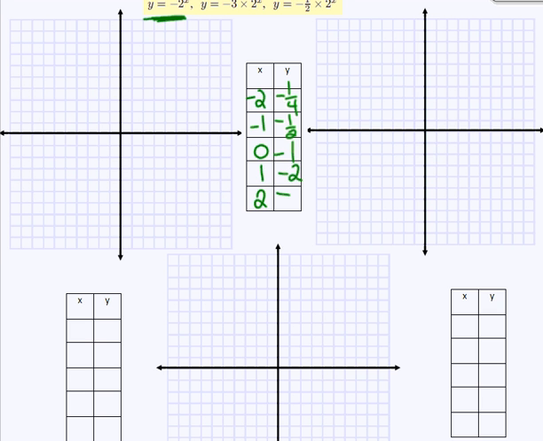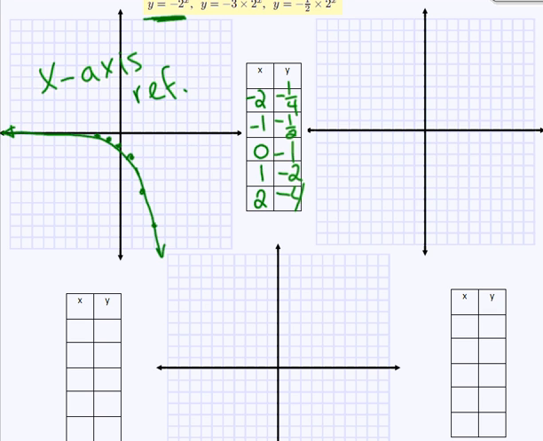So 4, and then make it negative. So we have negative 2, negative 1/4; negative 1, negative 1/2; 0, negative 1; 1, negative 2; and 2, negative 4. So kind of like that. Okay, so same graph, congruent anyhow to y equals 2 to the x, it's just gone through an x-axis reflection.